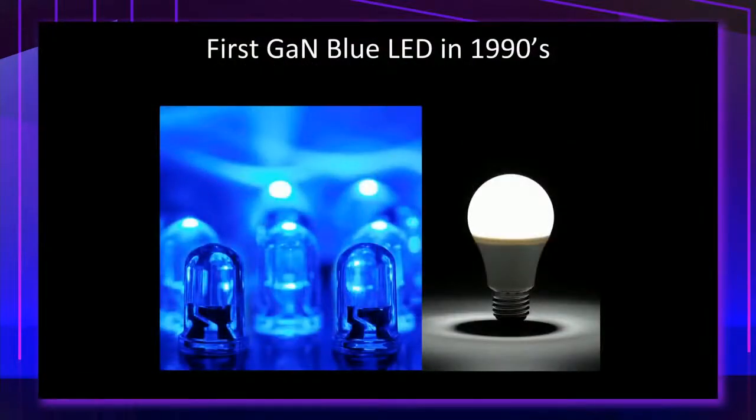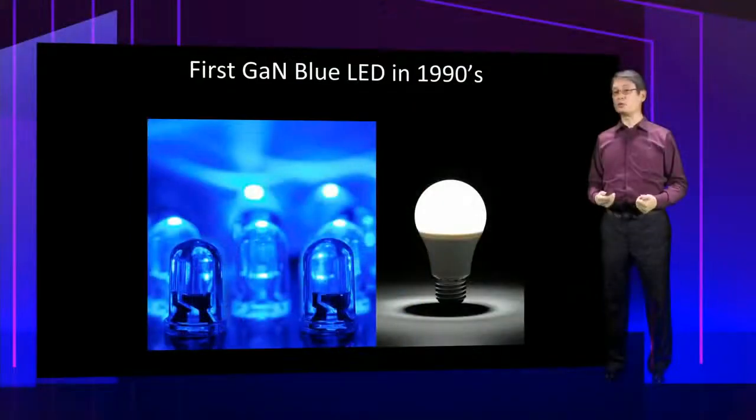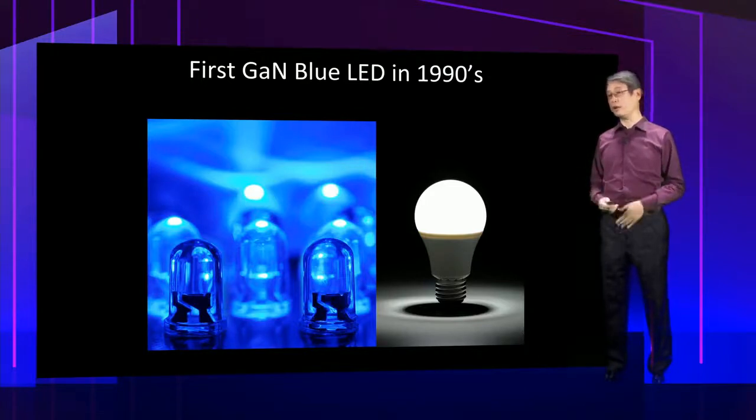The first blue LED was demonstrated in the 1990s. This was a very important milestone because by then all three primary colors of light became available: red, green, and blue. Essentially all the colors became available for display.